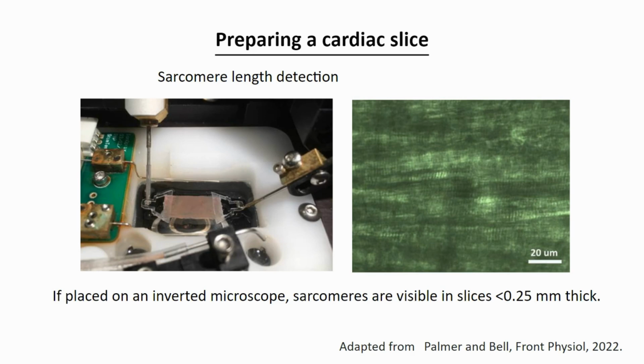And with an inverted microscope like this, sarcomeres can be visualized. That is, if your slice is a little bit thinner than 250 microns, you should be able to visualize sarcomeres quite easily. And so you see an example of sarcomeres there on the right-hand side of this panel. In this example, the sarcomere length was set to 2.2 microns.